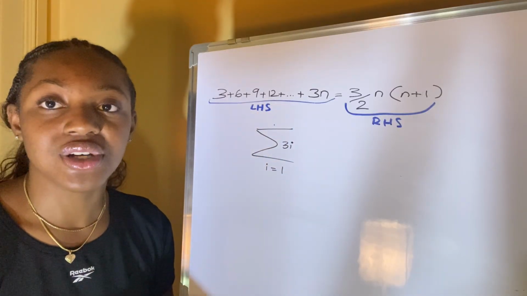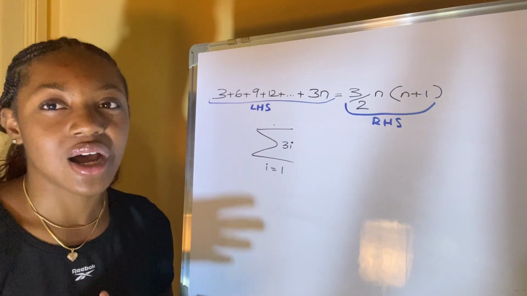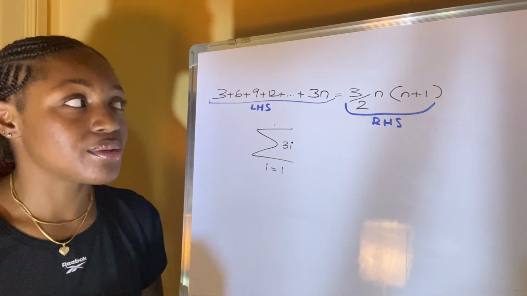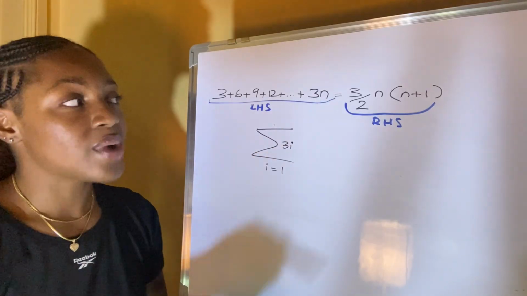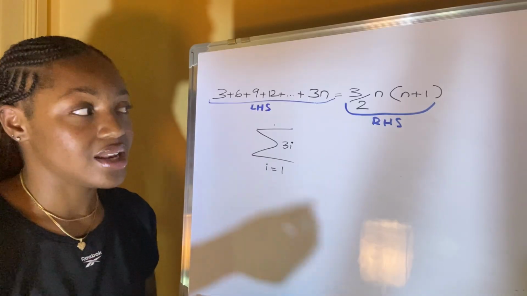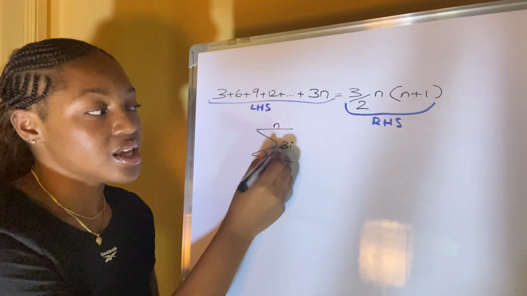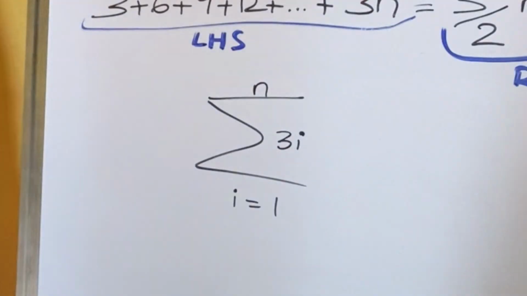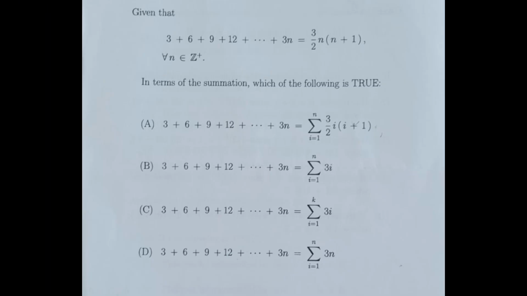That's where we have the last number we substitute in the formula to get the last term of the series. Since we have 3n being the last term of the series, that means that n was the last number we substituted in the formula. And that's what we have. Therefore, based on our answer right here, the option that has this as well is B. So B is our answer.